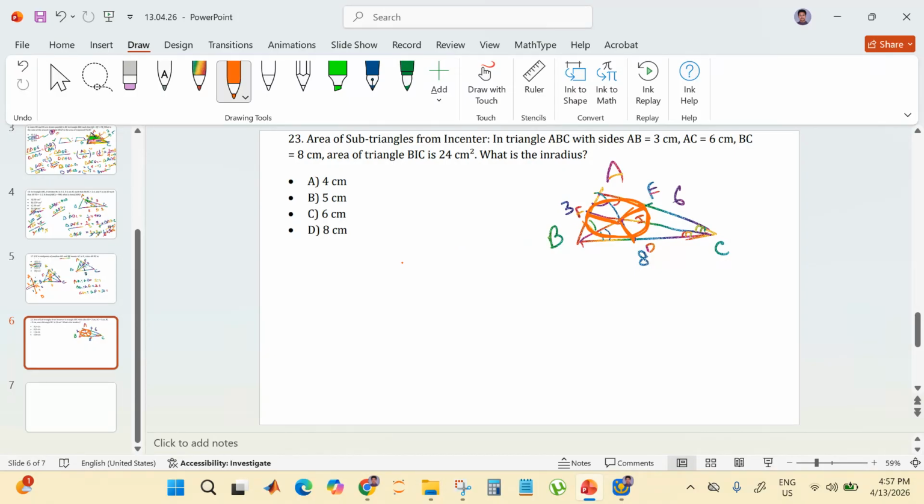And we know the formula. What is the formula? We know the area of BIC is given.